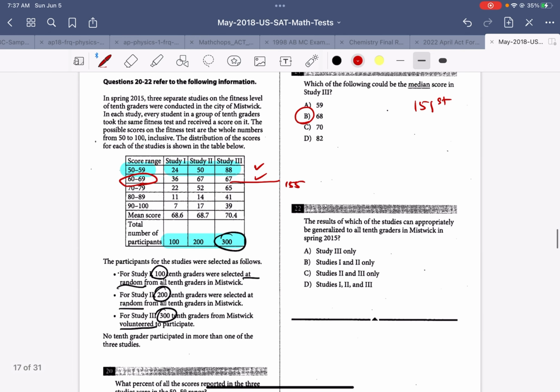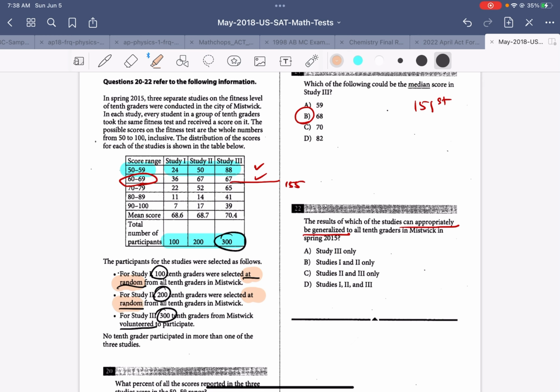Number 22. The result of which of the studies can appropriately be generalized to all 10th graders in Missouri in spring 2015? So they ask you which one can be generalized. If you look at the description here, they said they randomly pick. Anything randomly in stat, you can generalize.